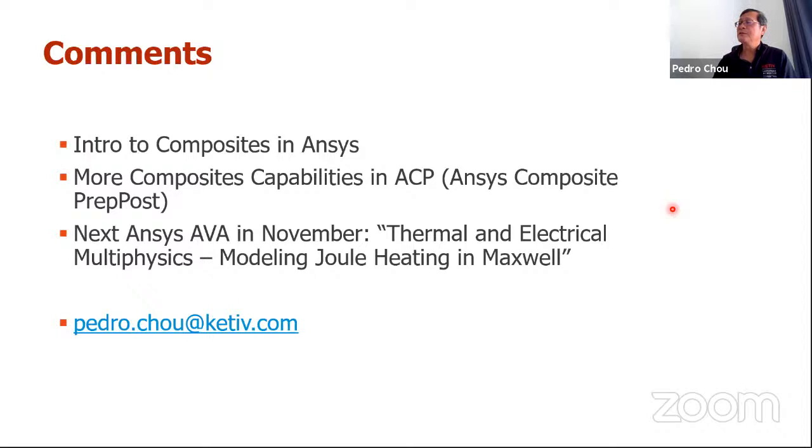Automatically ACP will define all the layer orientations for you in Ansys, and then from ACP you bring the resulting composite to Ansys Mechanical and do the analysis in Mechanical. Once you have the results, you can go back to ACP and use Tsai-Wu, Hashin, and all the other failure criteria that I showed you in Ansys Mechanical.